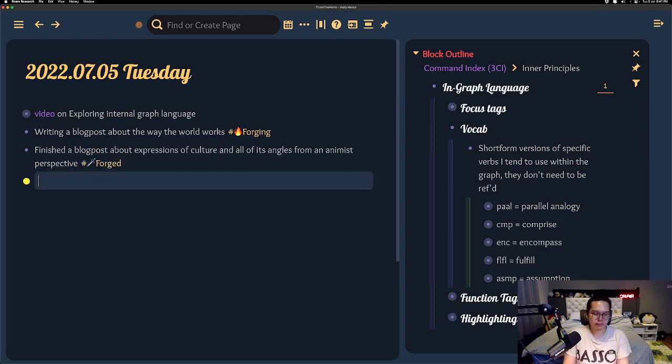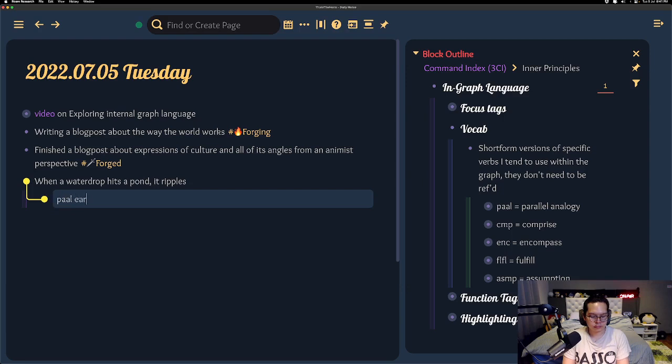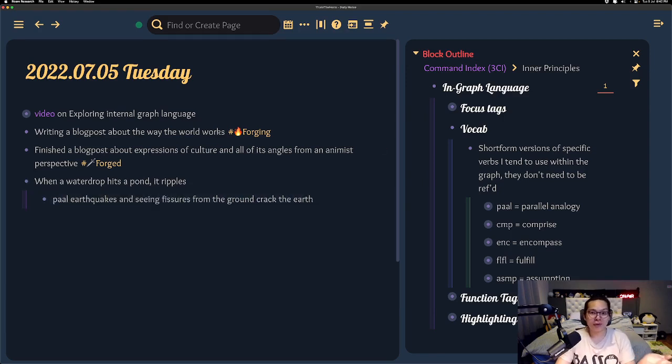For example, if I'm thinking about water physics and I look at water and I see that a water drop hits a pond, it ripples, and I visualize it in my head, and automatically I'm thinking, this reminds me of when I'm looking at a video about earthquakes and the ground shakes, but the ripples are a little bit different in material, though the effects are essentially the same.